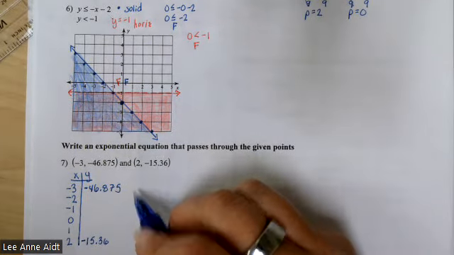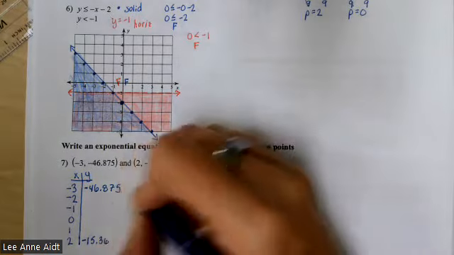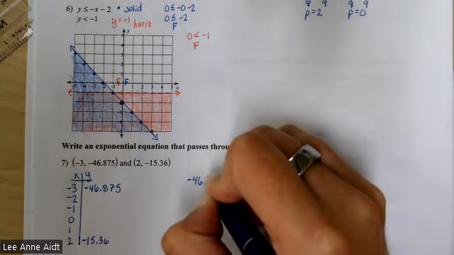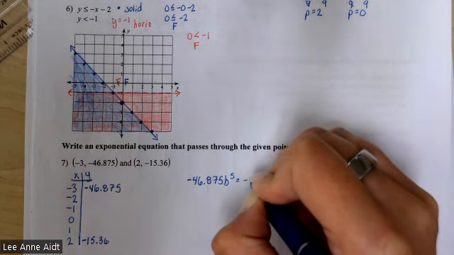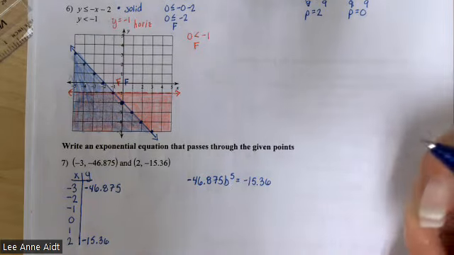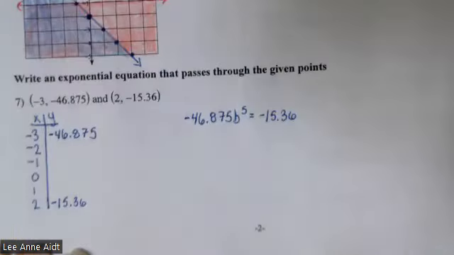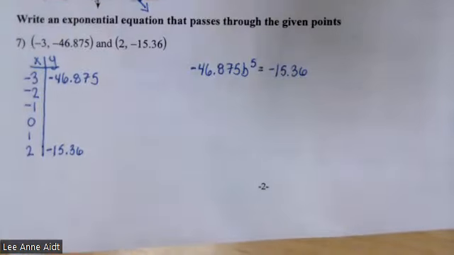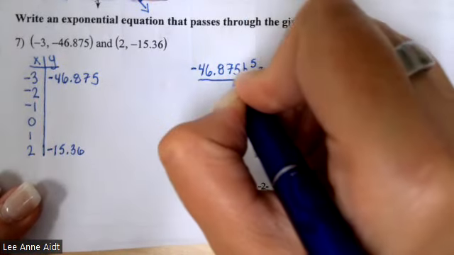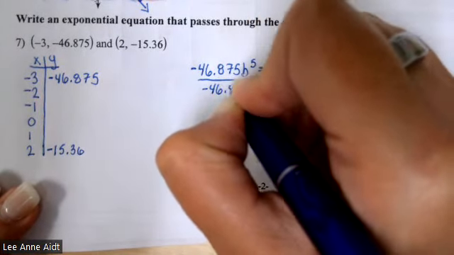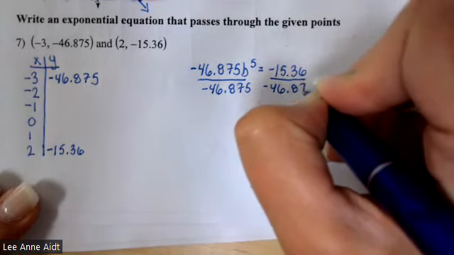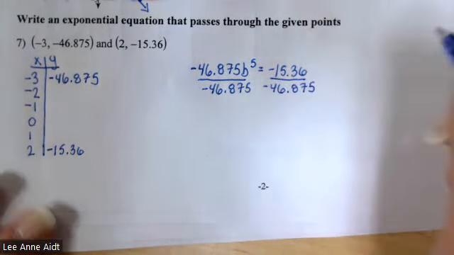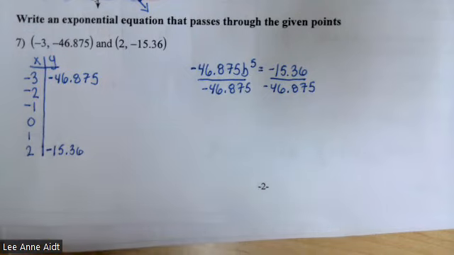Okay, how many B's does it take? 5. I feel like these numbers are very specific.